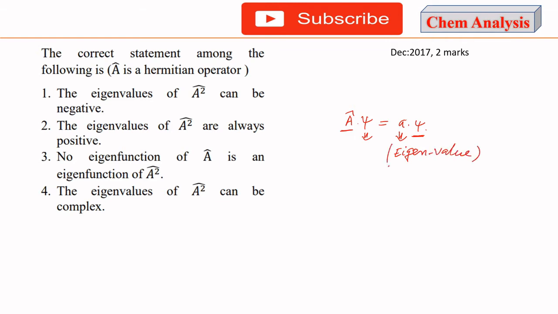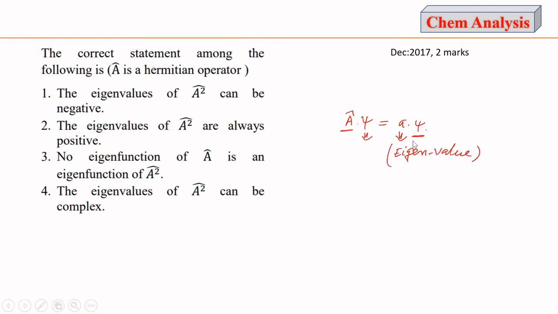And psi is the eigenfunction. Now from the condition of an eigenfunction of a Hermitian operator, we can say that the eigenvalue corresponding to a Hermitian operator will be real, that is, a will be real, and the value can be positive or negative, but it will be real, not a complex number.